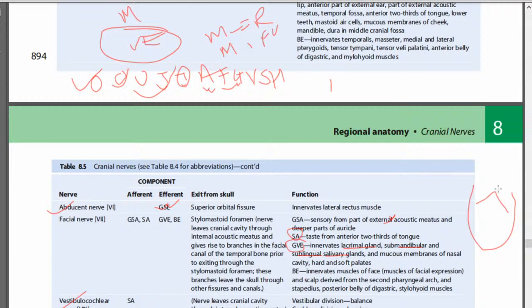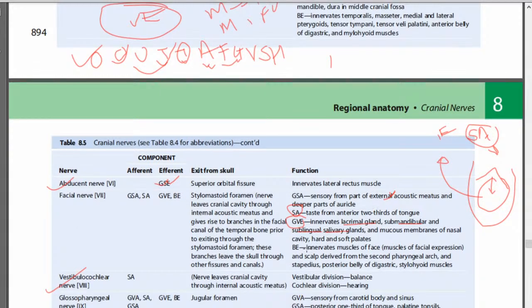Right in front of the sulcus terminalis, all the taste sensation is carried by a branch of the facial nerve. I think it is the chorda tympani. Only taste sensation travels with the facial nerve, not the touch sensation of that part.